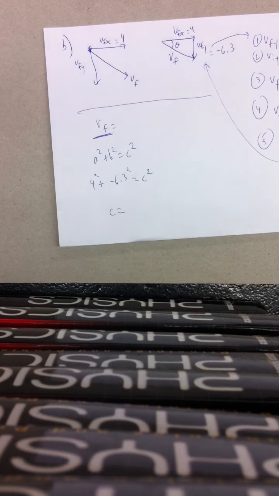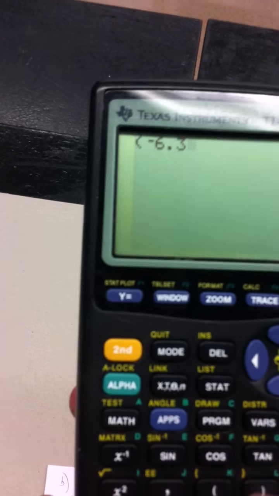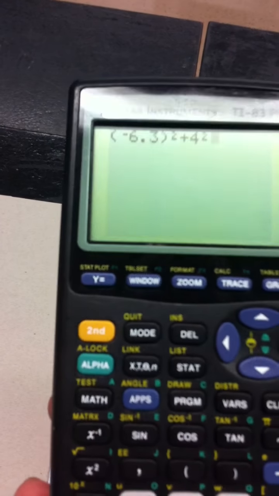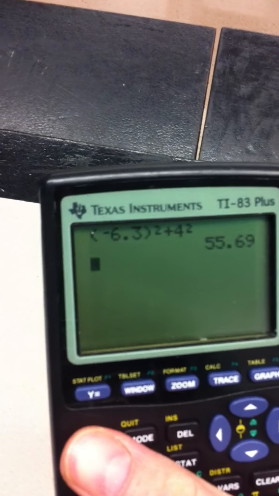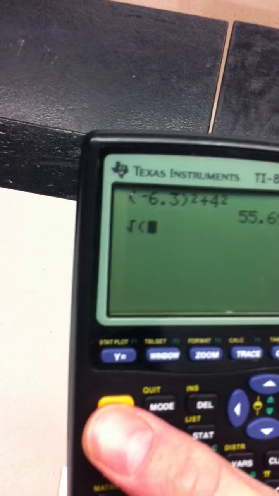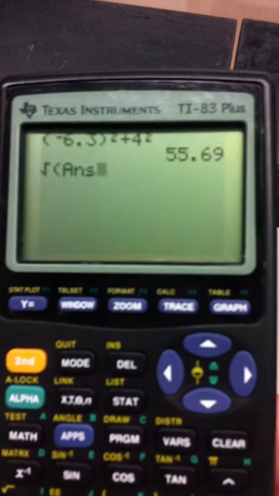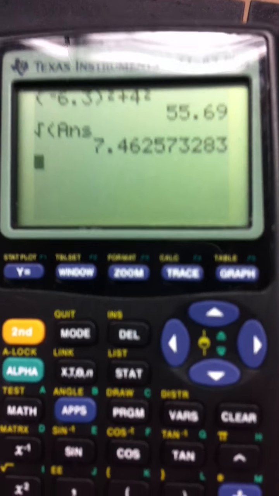So c comes out to be negative 6.3 squared plus 4 squared, and get the square root of that. So we get 7.5.